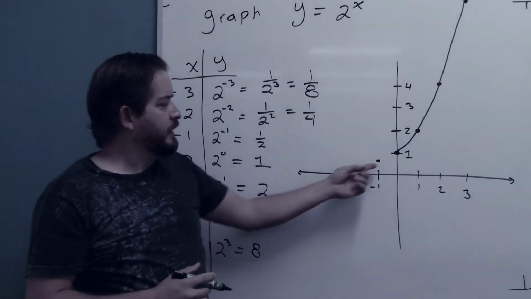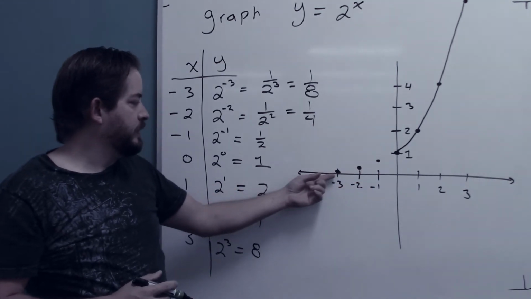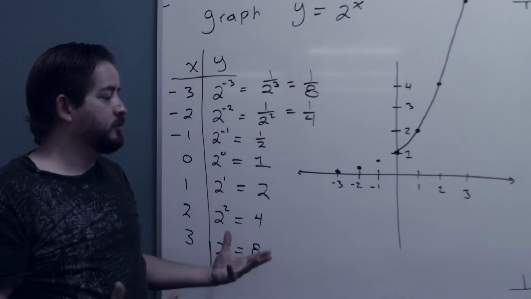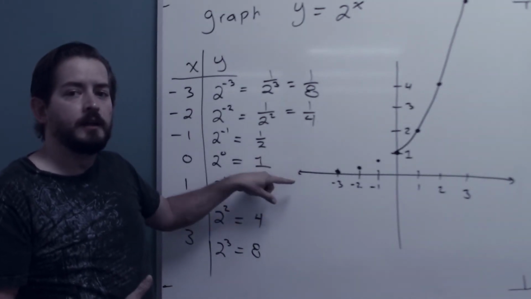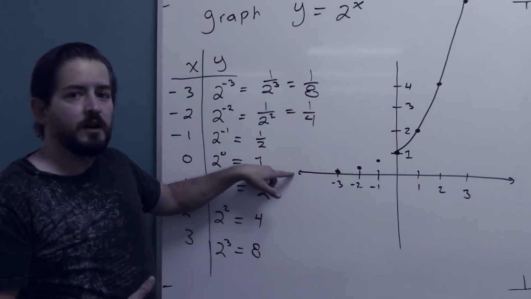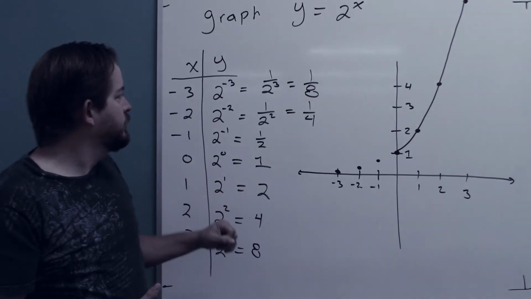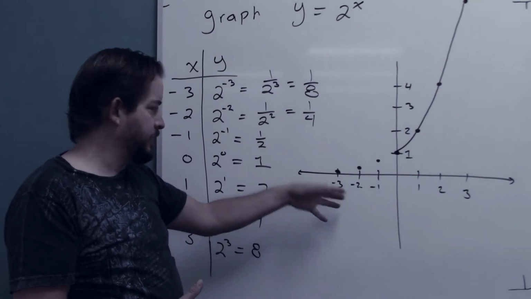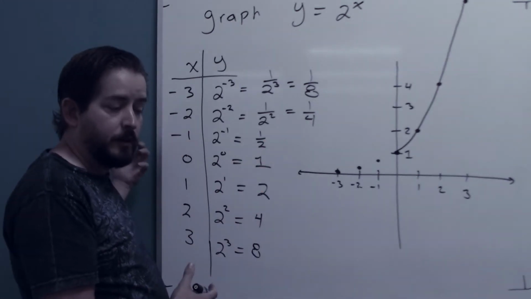But what happens to the left may not be as clear, right? As I come down here, do I just go down forever? Well, the answer is yes, I do go down forever. But another question, do I ever cross over the x-axis, right? If I keep going to the left, my numbers become larger negative values, negative 10, negative 100, negative a million.